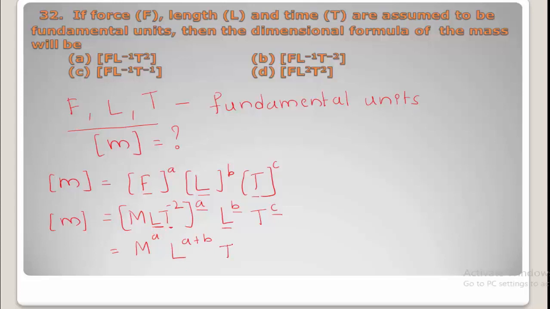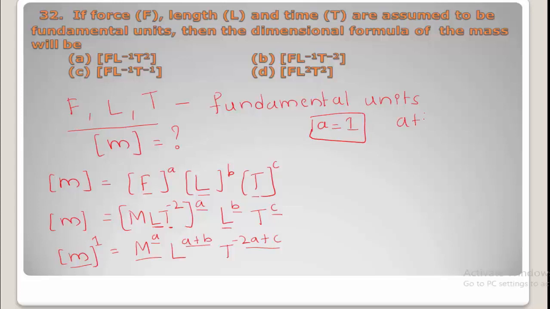Now third one, T raised to minus 2A plus C. So these are the dimensions of M, L and T. Now equate the powers to the LHS. The mass is having dimension 1. So it means M raised to A is equal to M raised to 1. It means A value becomes equal to 1. A is equal to 1.